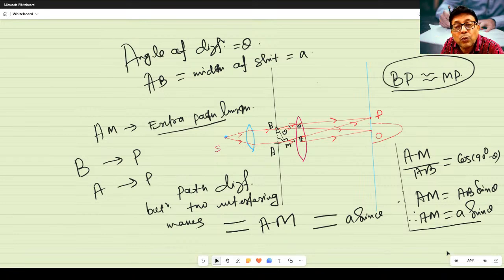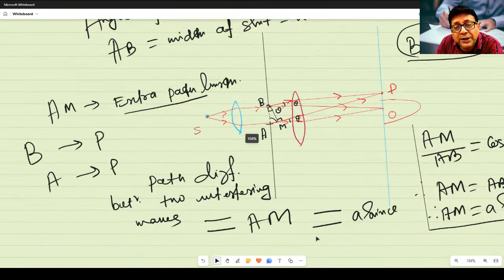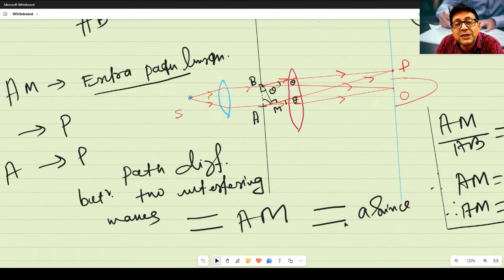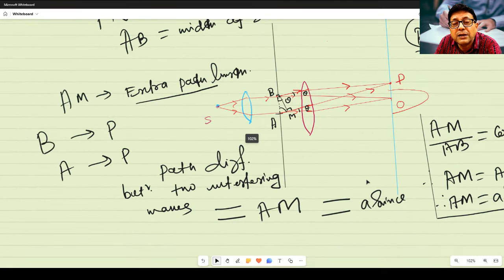Let me discuss one by one, step by step. I have considered these two extreme points to calculate the path difference. But there is no restriction that path difference may occur only between these two points. So the path difference is AM equal to a sin theta.